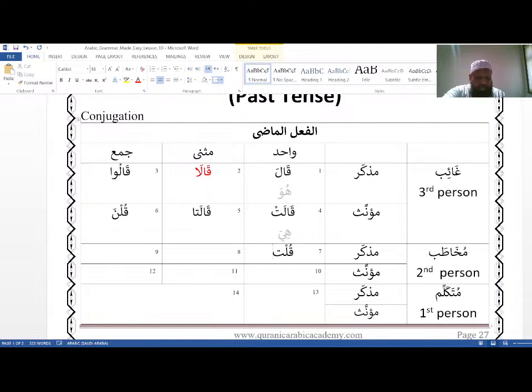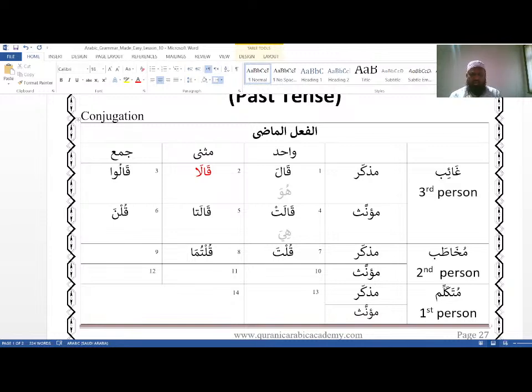قل, we add the damirs to make the fa'il. قلت, قلتما. Remember, the fail will not change. Doesn't matter, you bring any types of fa'il, the fail will not change.